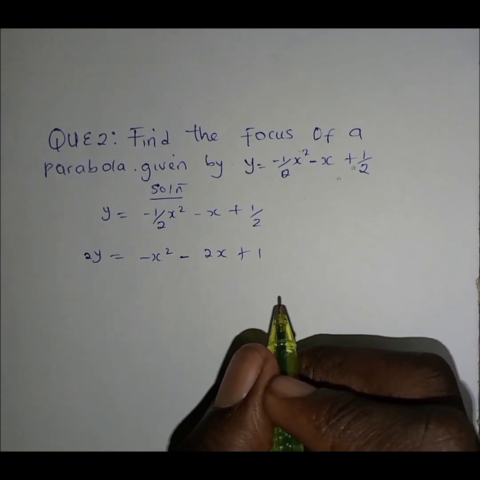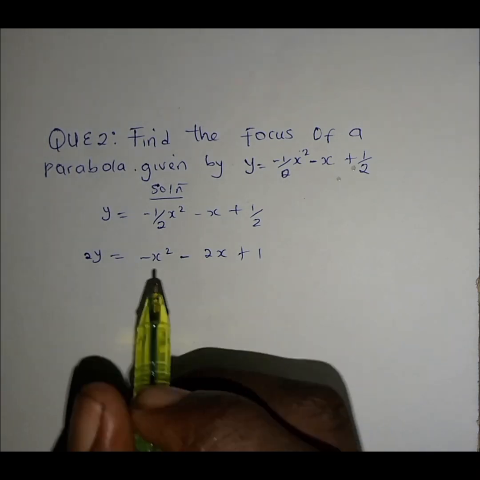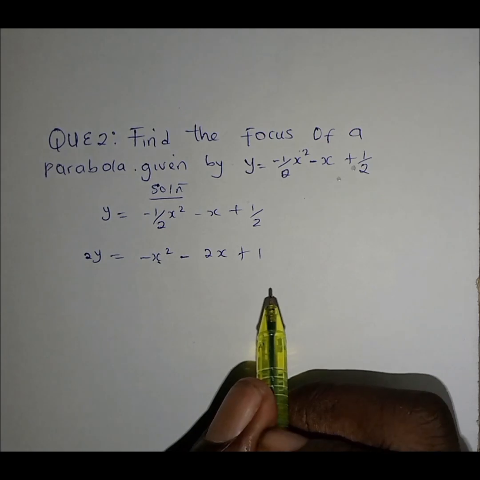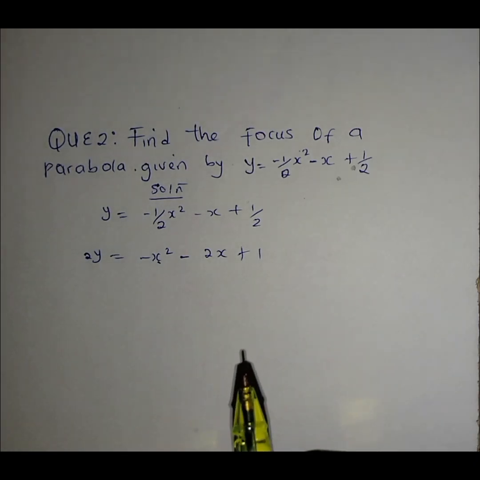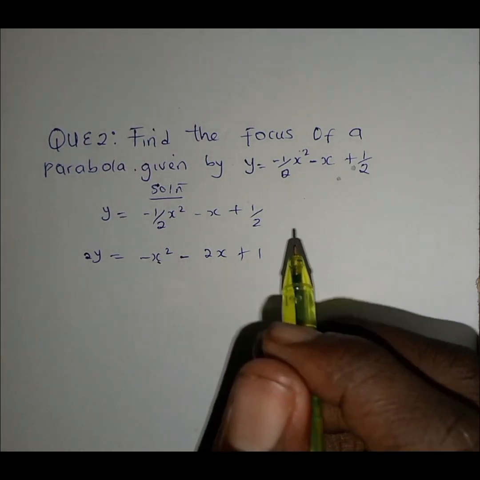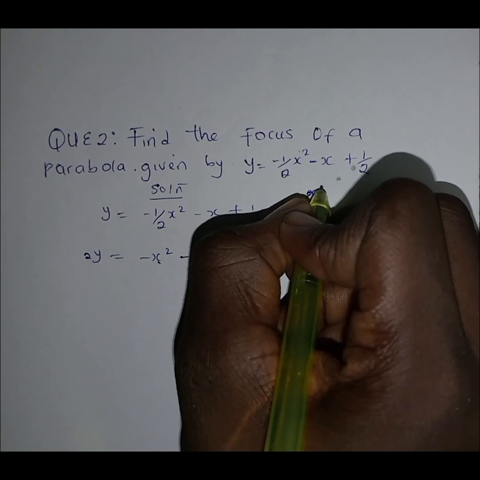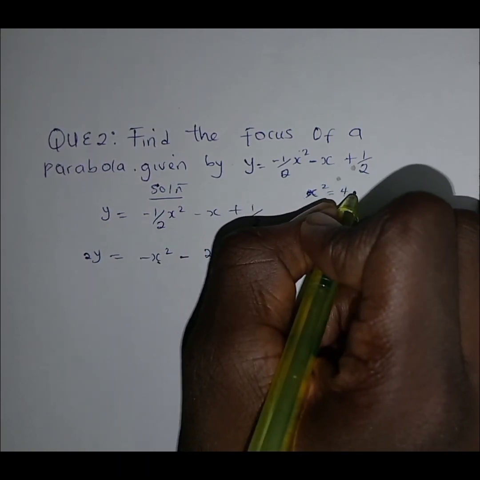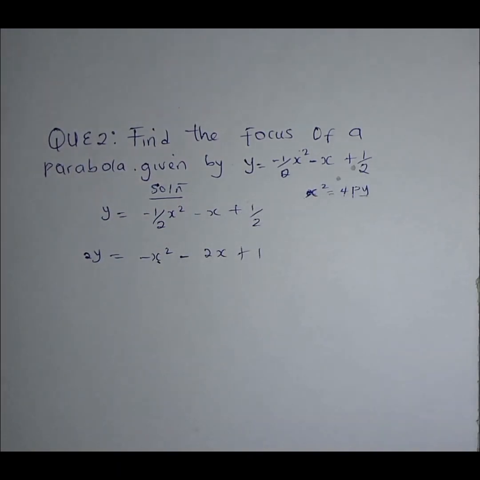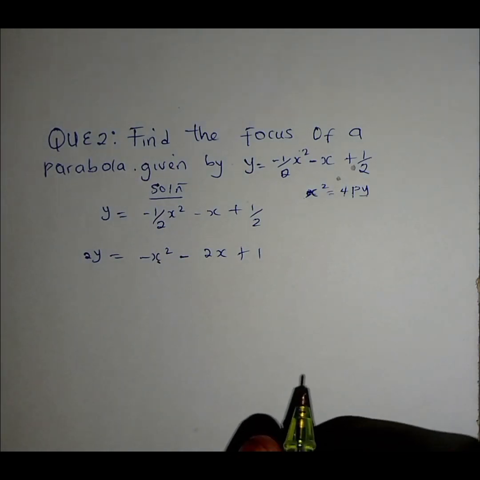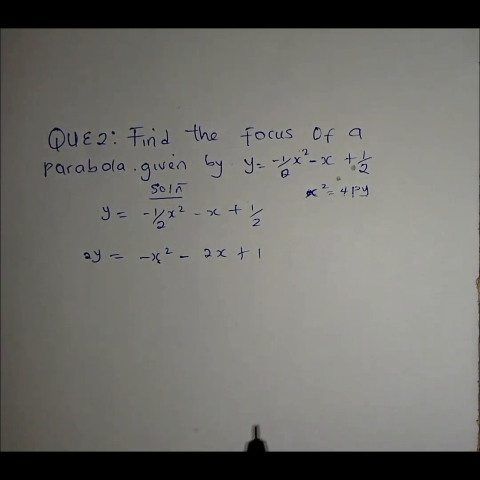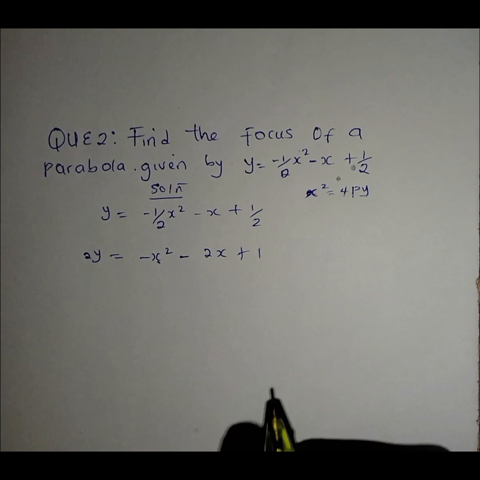But let me take you back to something. Since we have x squared here, it means that the equation is under this graph: x squared equals 4py. But since they say that we should find the focus, it means that the equation is not at the origin.